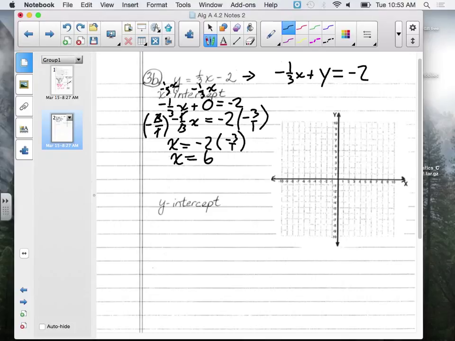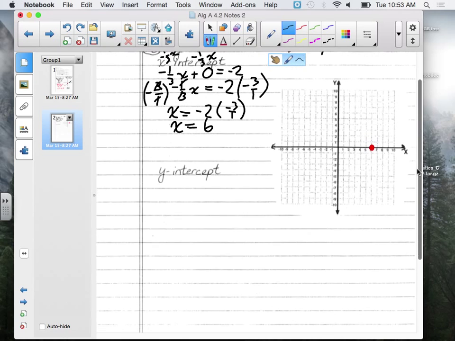And that's our x-intercept, right? Because that's what we were trying to find. So on our graph, what ordered pair would that be? 6, 0. Okay, there's 1 point. Now, since we found that, we can move on to our y-intercept.